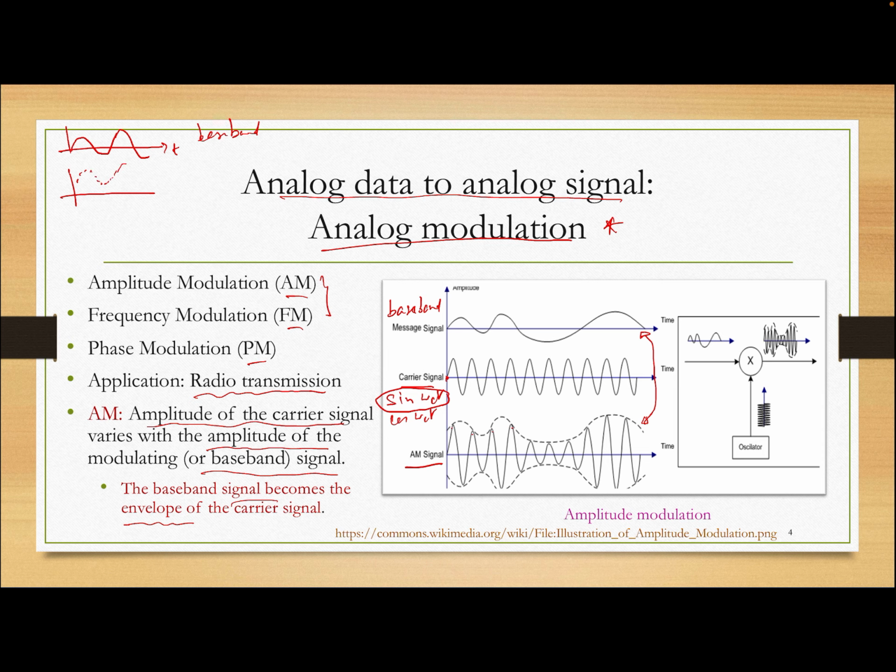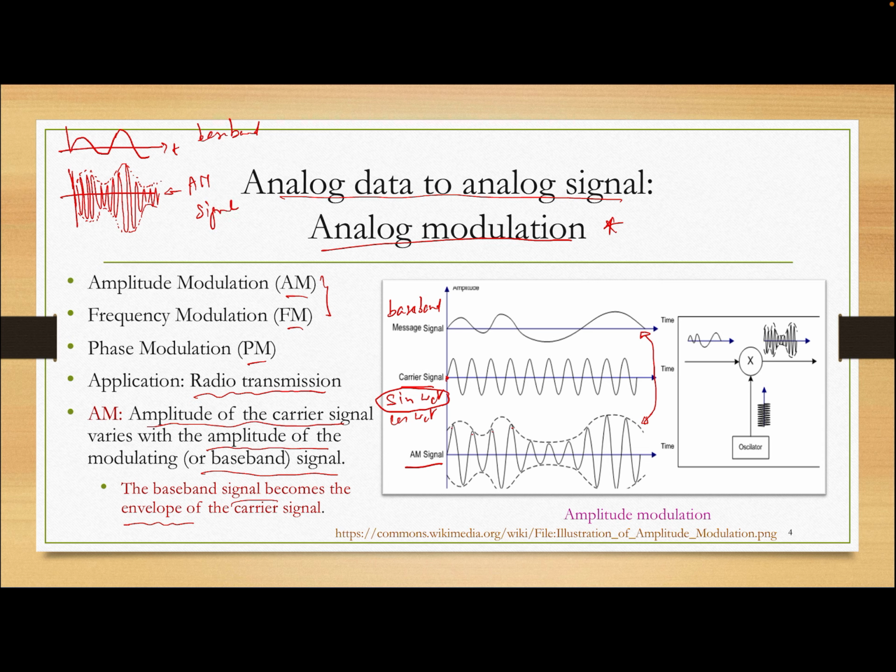And I will draw it as the dotted line here. Then I put a mirror in the middle, and I draw the mirror reflected image over here. Then I will draw my carrier signal inside. This is my carrier signal. You can see that my carrier varies based on the amplitude of the baseband. Now this becomes my AM signal.